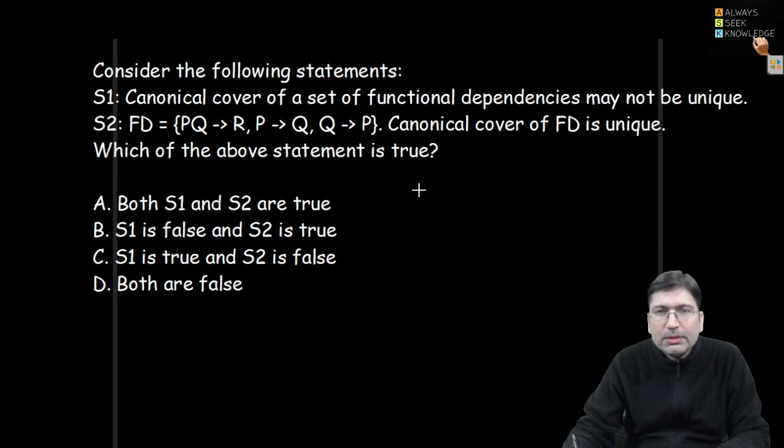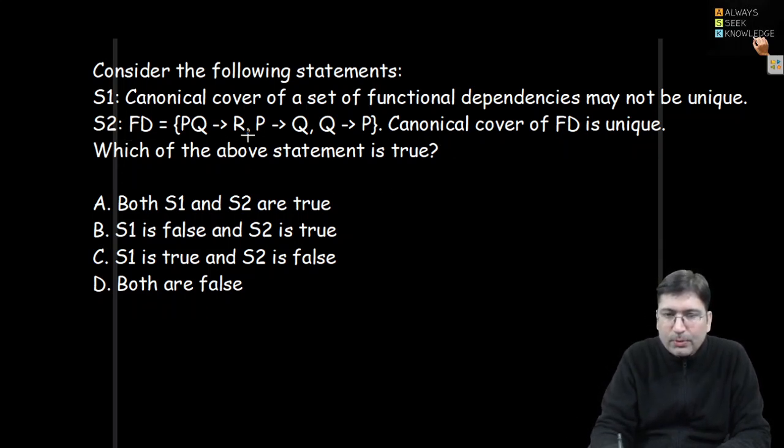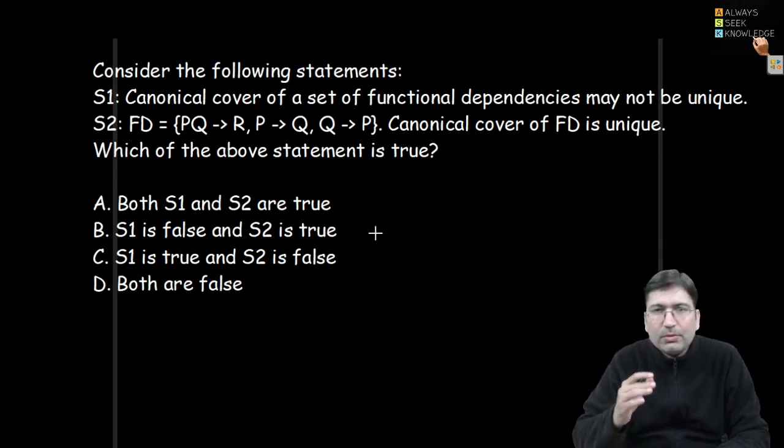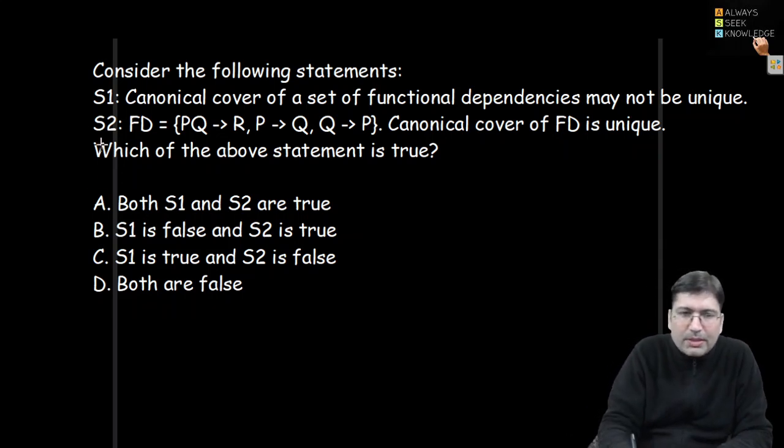We will see it by solving this problem also. When a functional dependency set is given, the canonical cover may vary, or one set of functional dependencies may have more than one canonical cover. So it is not necessary that the canonical cover will always be unique, right? So the first statement is true.